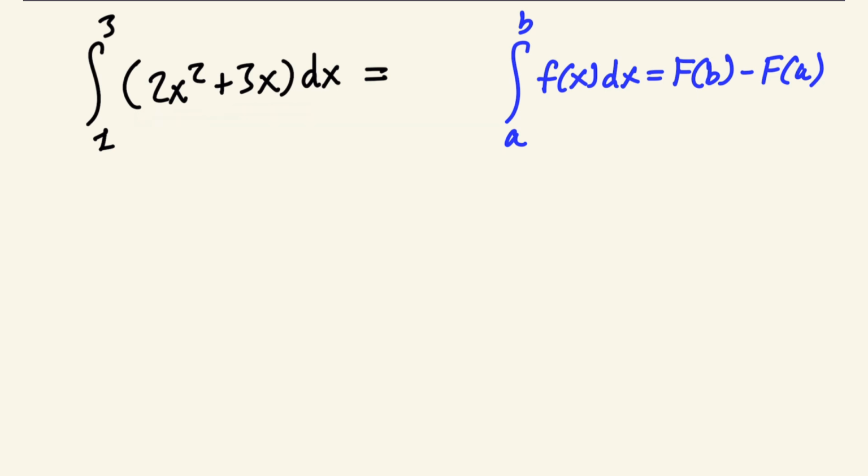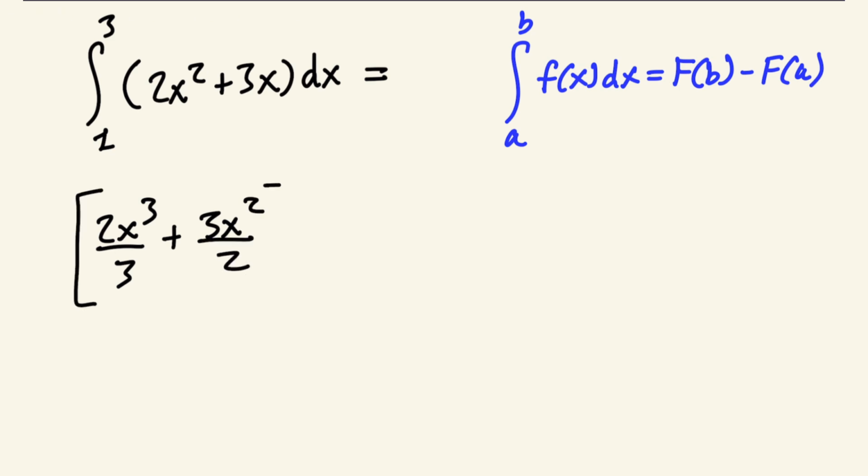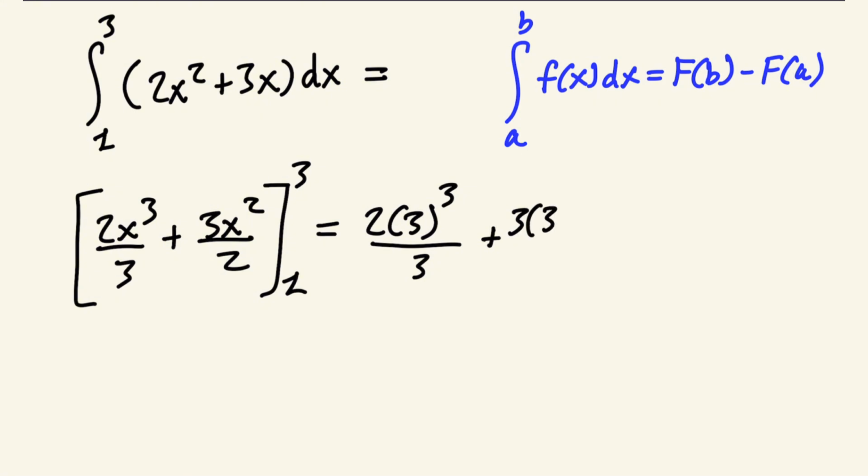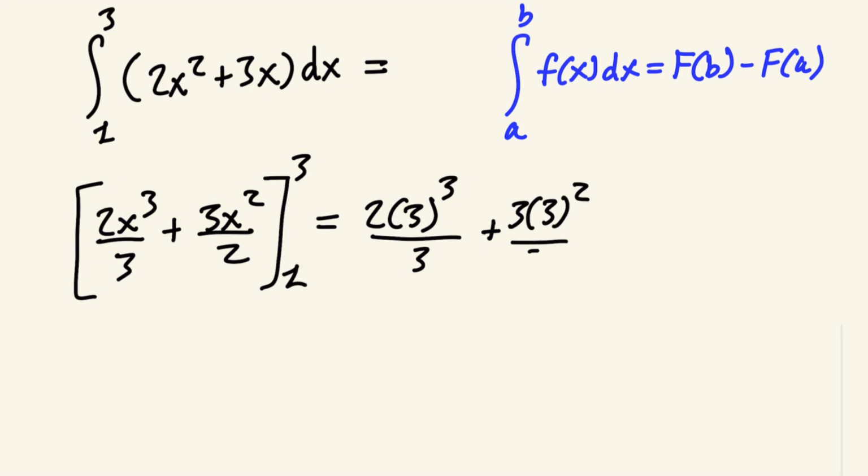So this integral here is going to be equal to 2x to the third over 3 plus 3x to the 2 over 2. And we're going to evaluate this from 1 to 3. So let's plug in 3. So we're going to have 2 times 3 to the power of 3 over 3 plus 3 times 3 squared over 2.